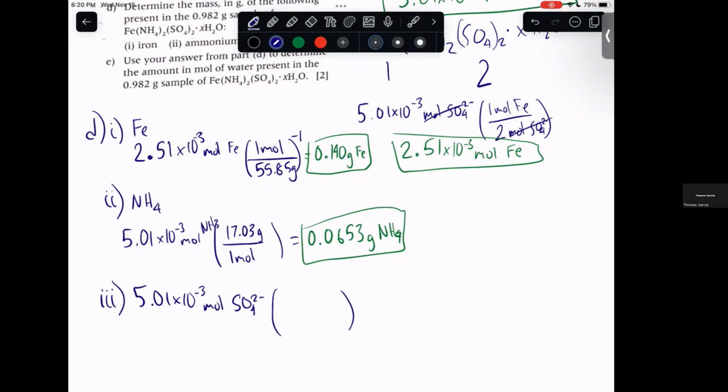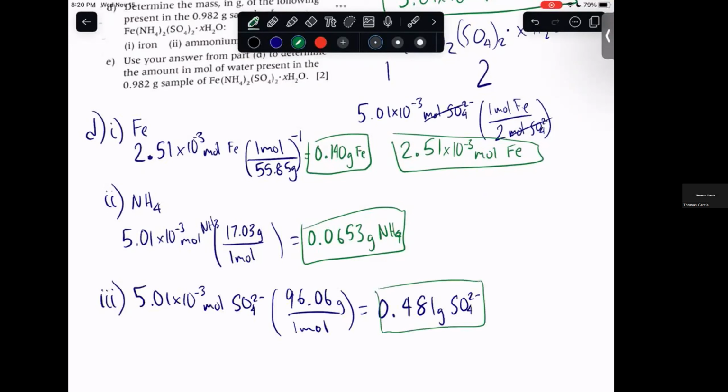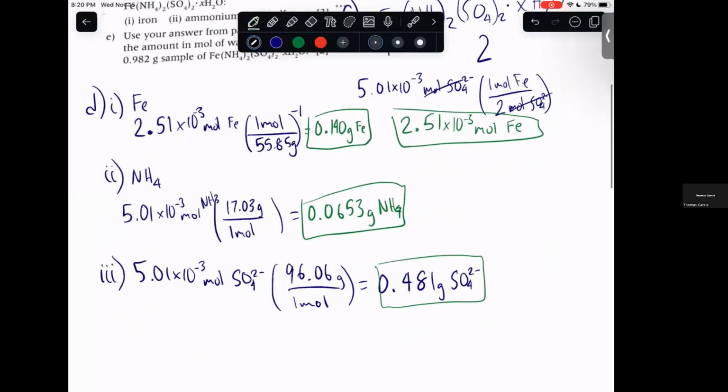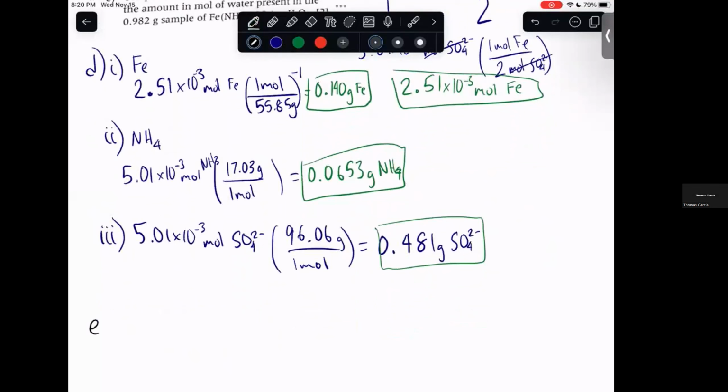That is going to be 1 mole on the bottom and 96.06 grams on top to give us a total of 0.481 grams sulfate. Apologies for not sticking with the color convention that I have established. But there is our answer. And then finally, E. Really not sticking with it.